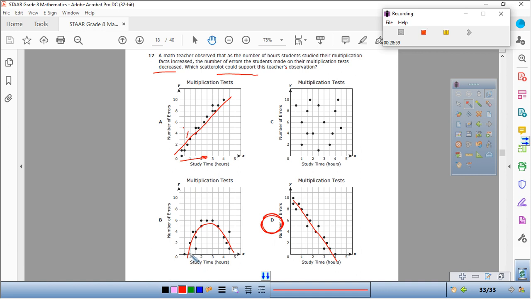Okay, how much would you want to study here? Like very little, or a lot? You don't want to be in the middle, right? You don't want to be like these people. It looks like when you study mostly from 2 to 3 hours, you make the most mistakes. Yeah, I like that.